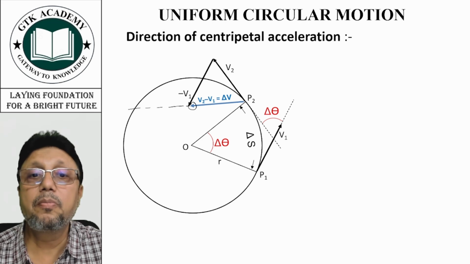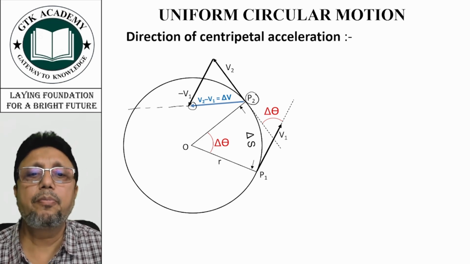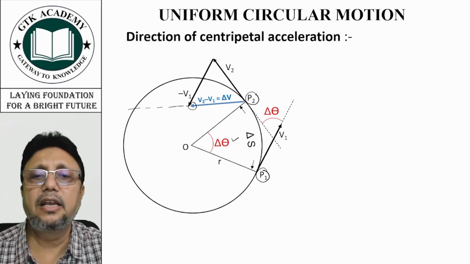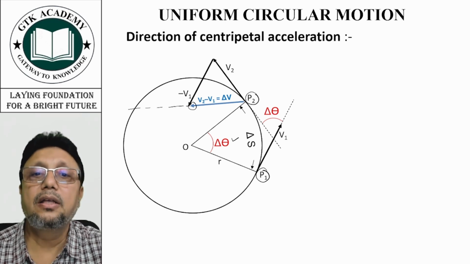So what is the problem? The problem is we have taken average acceleration from P1 to P2. Delta theta has some value. We have to take acceleration when delta theta is tending to 0. That is instantaneous acceleration, because acceleration is changing every moment. Its direction is changing.